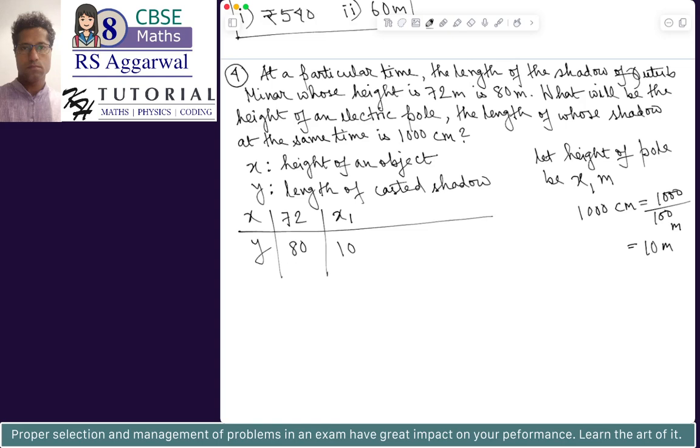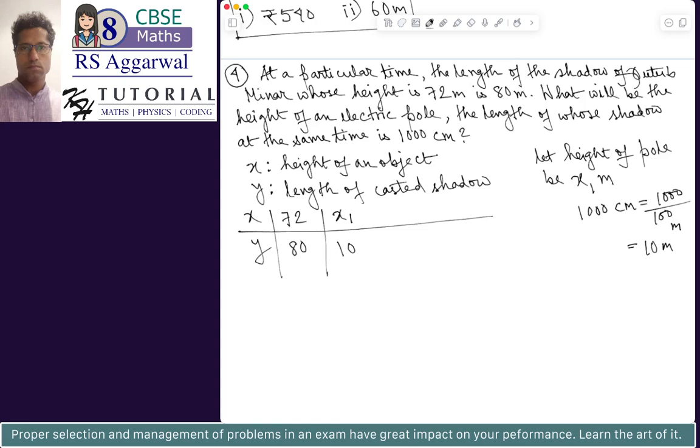If the height of an object is less, then the length of the casted shadow will also be less. But please remember that the constant of proportion is for a specific time.